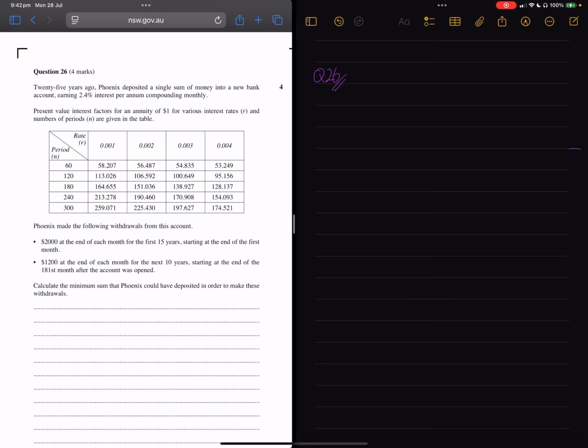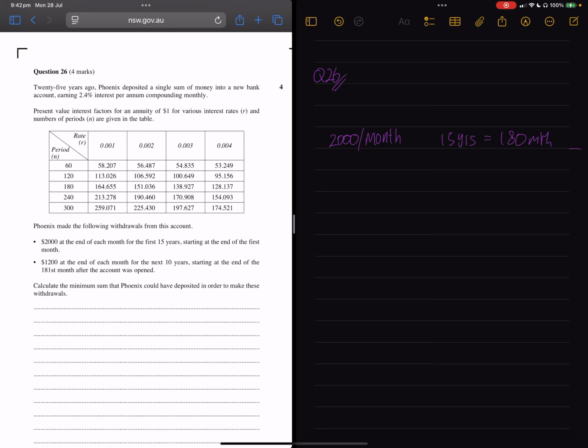We're given a present value table. This is how much you'd need to deposit at the start in order to get a $1 payment per period for the number of periods with the given interest rates. We are told he withdraws $2,000 per month for the first 15 years, which is 180 months.